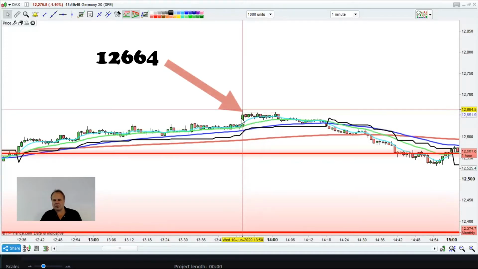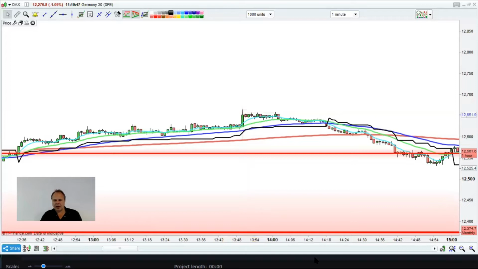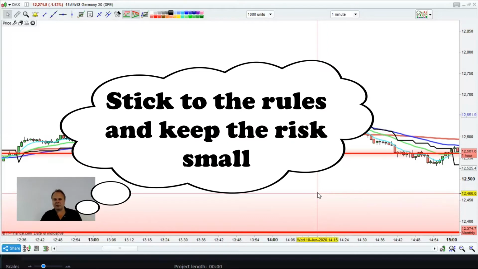Had we held on to the trade, we would be in quite a considerable deficit had we not closed at our stop level of 12,580. From 12,580 it continued up to 12,663. That's another 80 pips, plus the 18 for our stop, so it would have been down 98 points.